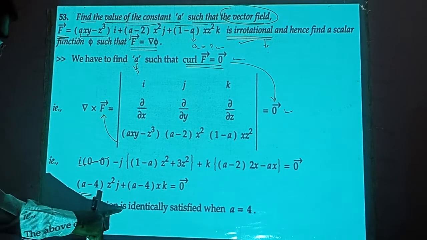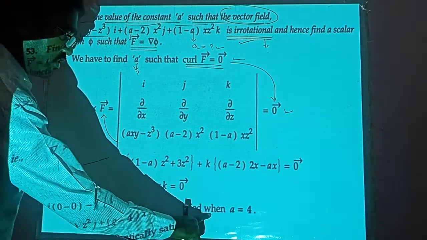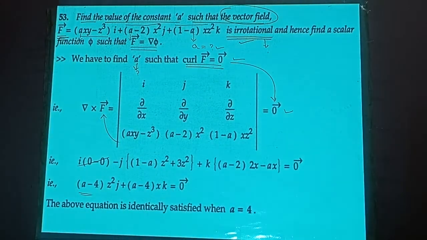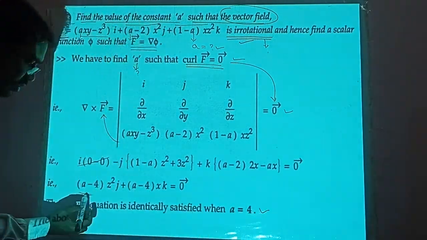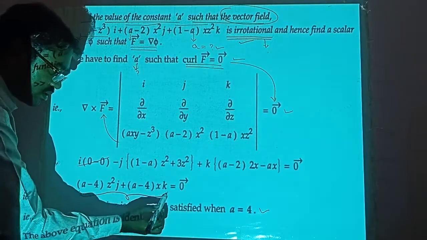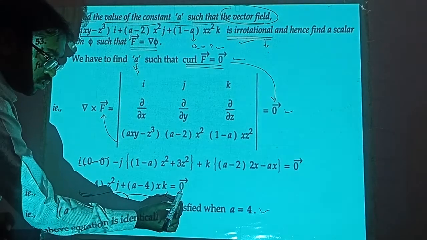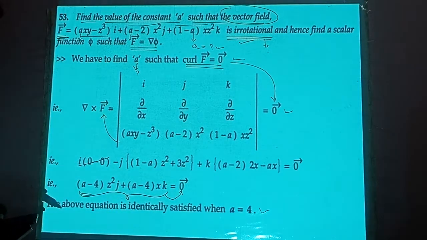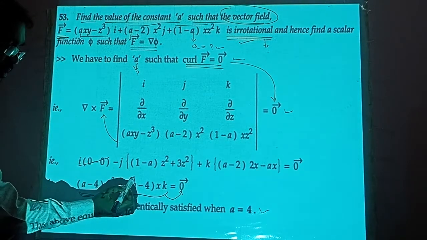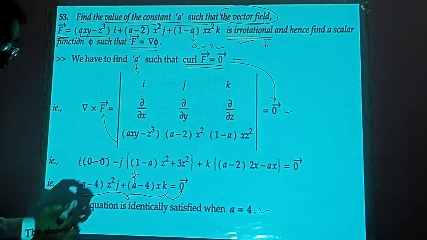The above equation is identically satisfied when a is 4. How do we say this? We are claiming that this vector becomes 0 only when, if you take in the place of a, 4.